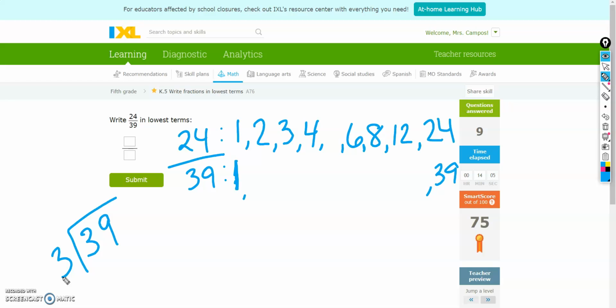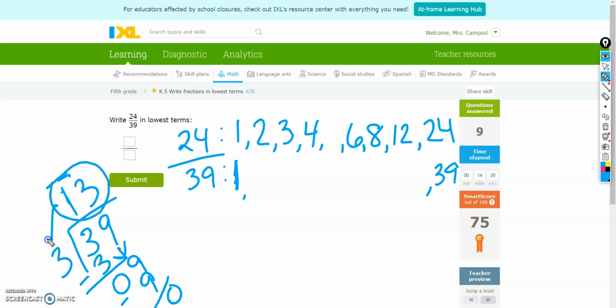So as I divide, I see that 13 times 3, so this number times this number is what I'm writing, so 3 times 13. 4, I know 4 doesn't work. 5, it doesn't end in a 0 or 5. 6, no, I know 6 times 6 is 36, and 6 times 7 is 42.